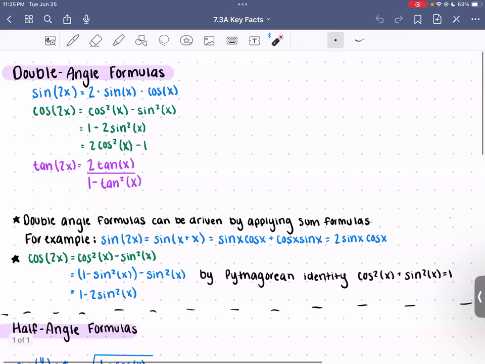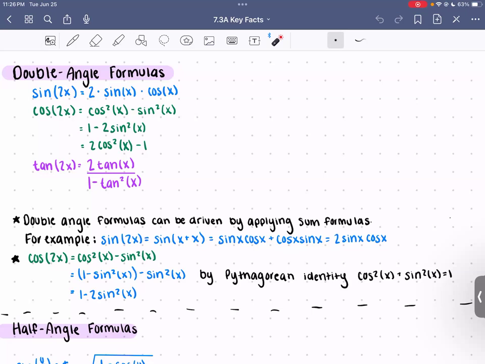So the first one is cosine squared of x minus sine squared of x. This is the one that is my favorite out of them all, but that is just a personal preference. And then we have 1 minus 2 sine squared of x, and then 2 times cosine squared of x minus 1.